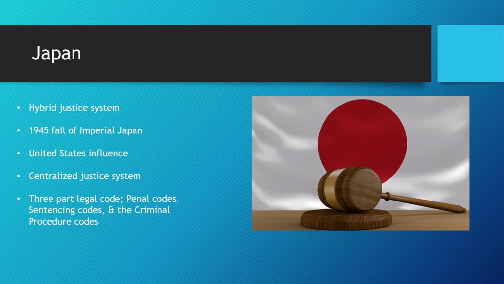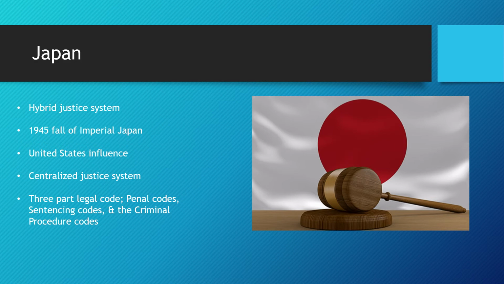They're right in the middle somewhere, where they have legal codes, penal codes, sentencing codes, all that stuff, even criminal procedure codes on how to prosecute somebody, where judges go by a certain set of codes, but they also use the concept of stare decisis, where judges base a lot of their rulings and decisions in the courtroom on prior decisions that were made in the courts of Japan.